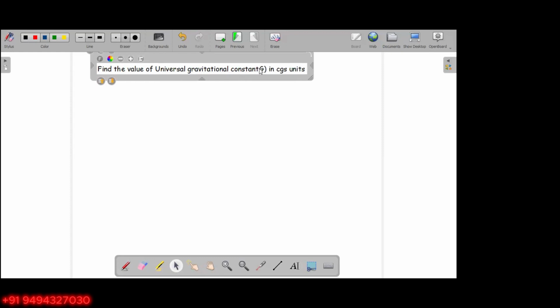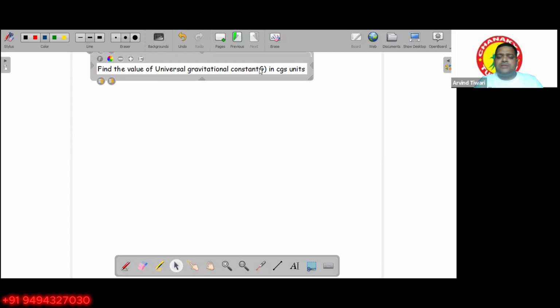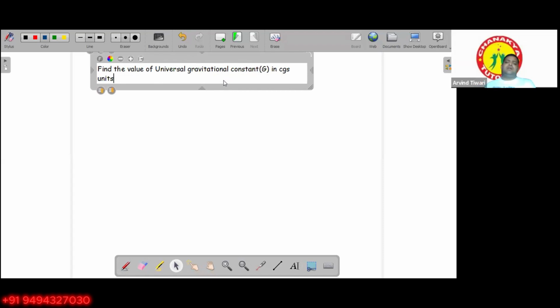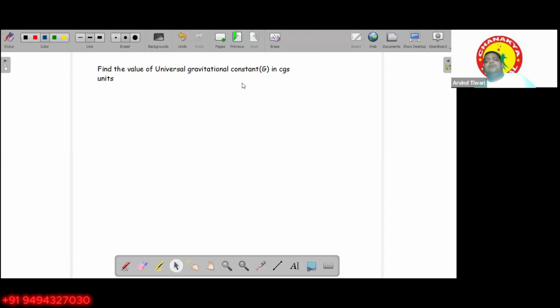In SI units, we know the value of capital G, that is 6.7 multiplied by 10 to the power minus 11. Can I repeat it again? Here it is written on the screen. The universal gravitational constant capital G is equal to 6.7 multiplied by 10 to the power minus 11 Newton meter square kilogram minus 2.